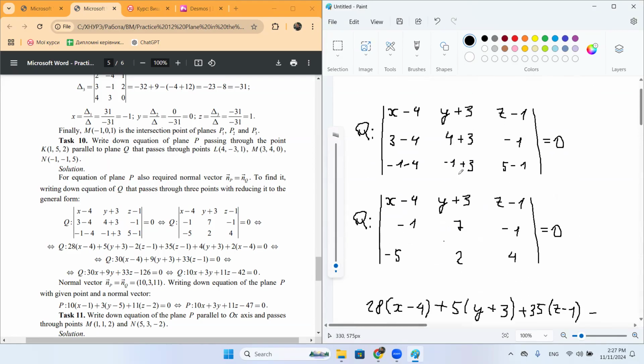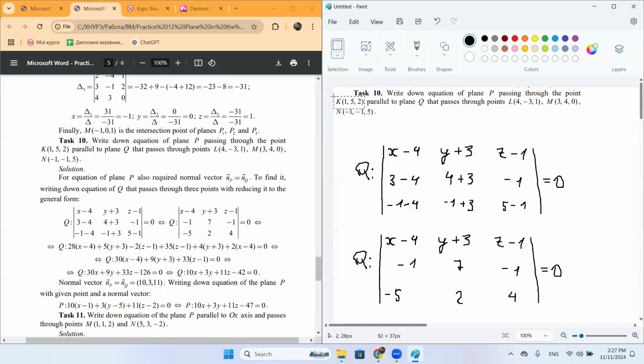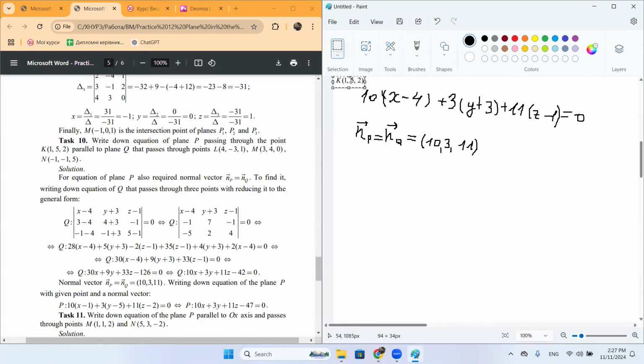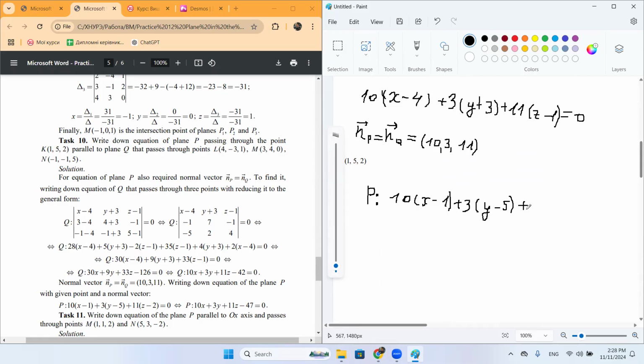So with the normal vector and point K, we can write down the equation of the plane P. Okay, now we won't expand brackets, we won't waste the time.